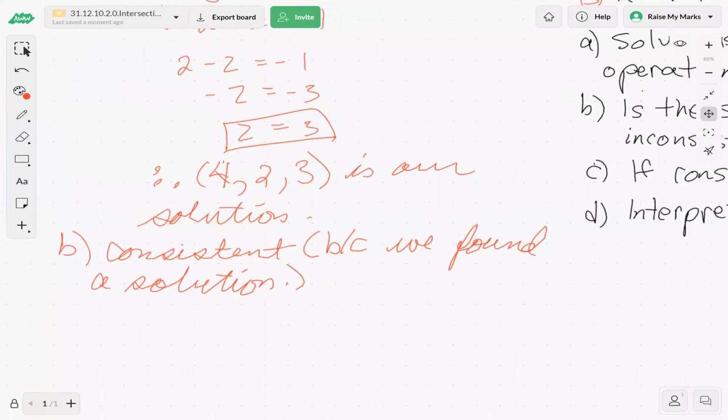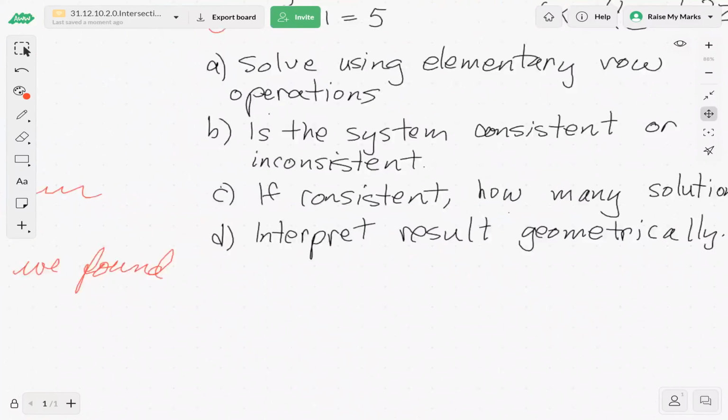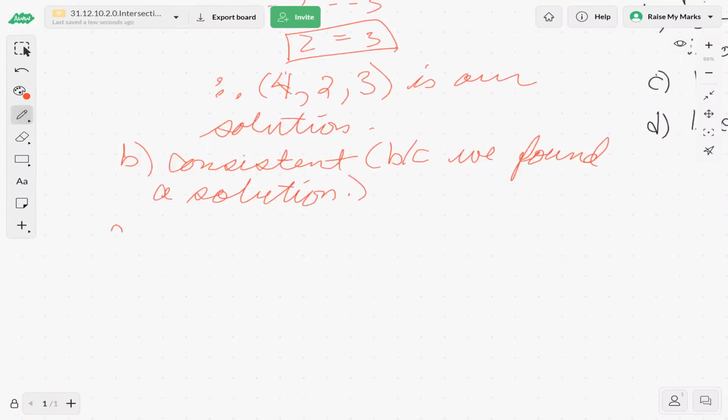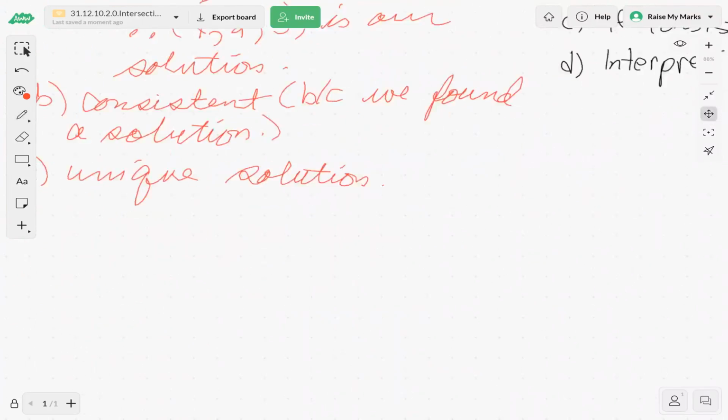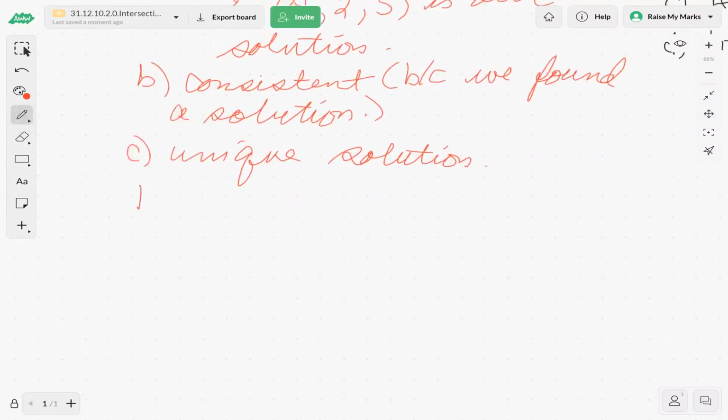All right, part C, if consistent, how many solutions? Well, it's a unique solution, because we have a single point. And part D, interpret the result geometrically. Point. Well, that was very easy.